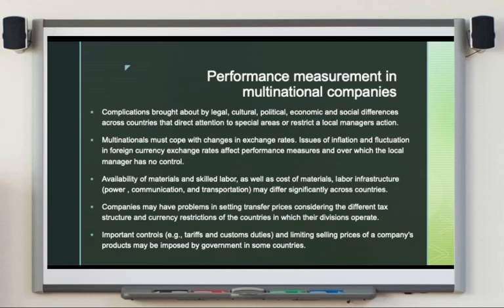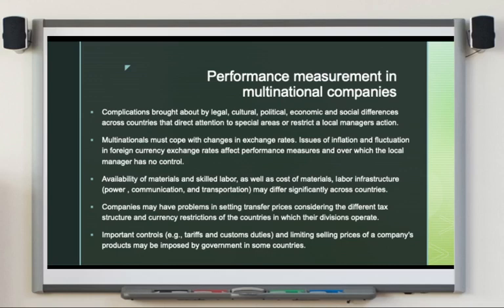Companies may have problems in setting transfer prices considering the different tax structures and currency restrictions of the countries in which their divisions operate. That is also true when there are certain taxes imposed on your division which are not imposed on other divisions located in other countries. Import controls, for example tariffs and customs duties, and limits on the selling prices of a company's product may be imposed by the government in some countries.